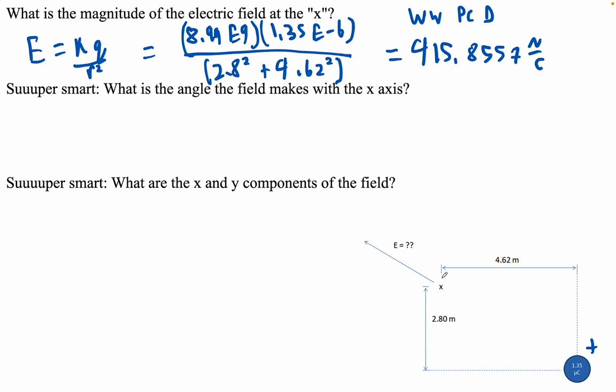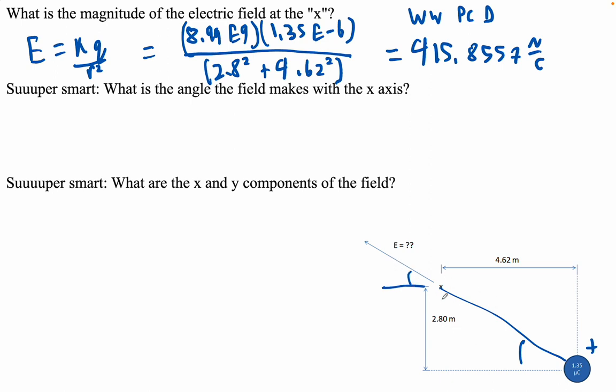So what angle does the field make with the x-axis? Well, it's going to be the same angle as this, right? If we drew a line there, this angle and this angle are, I think we decided what kind of angle that was, but I forgot. But we know they're congruent, right?